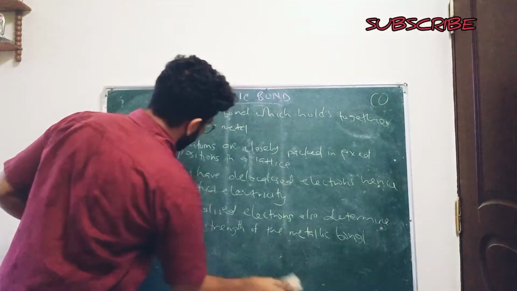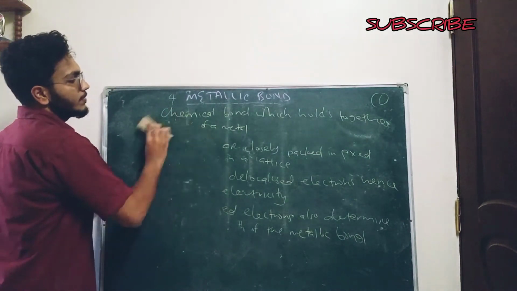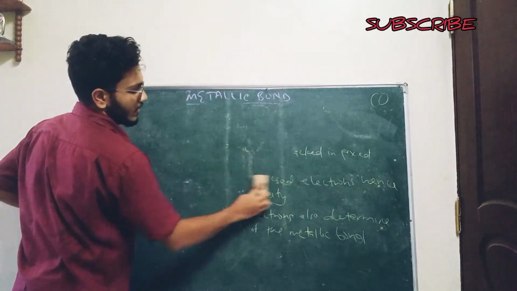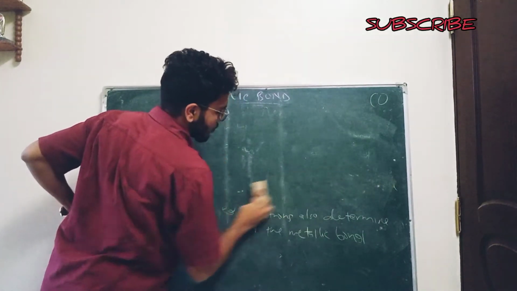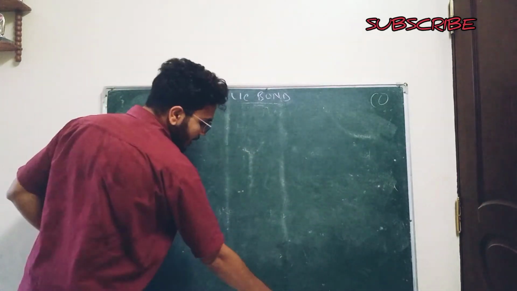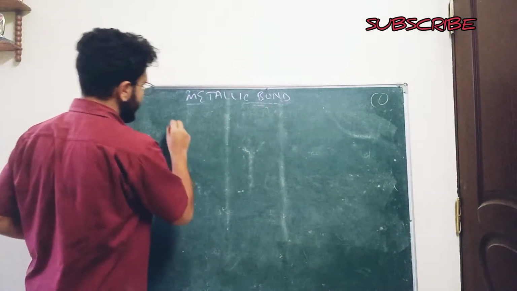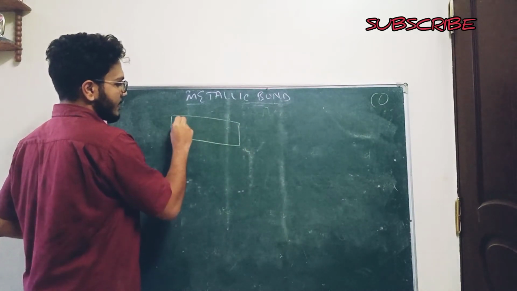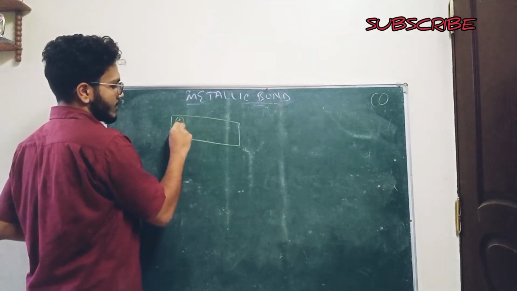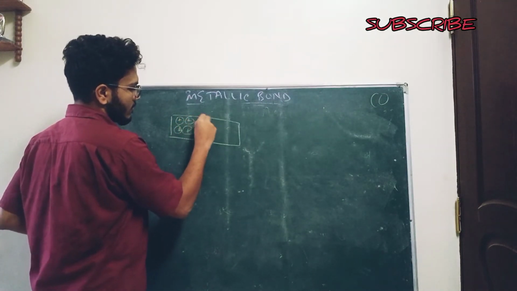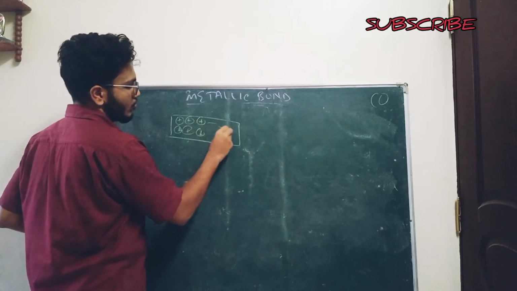What do I mean by this? I mean that a sodium atom has 1 delocalized electron, but a magnesium atom has 2 delocalized electrons, while an aluminium lattice has 3 delocalized electrons. So if we have sodium, we have positive, and so on.